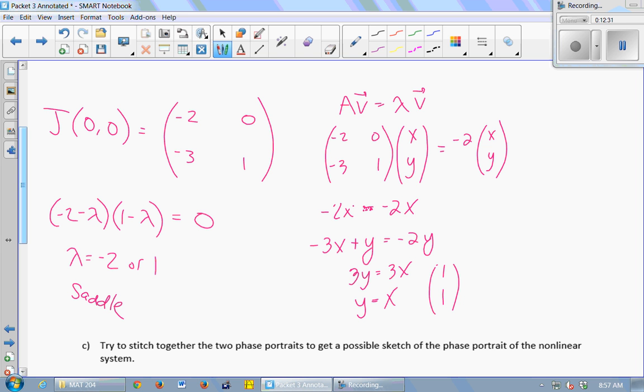Good. And then I just do the same thing again, but then I replace the negative 2 with a 1. And I'll solve the same set of equations, and I get negative 2x has to equal x. What x value makes that true?